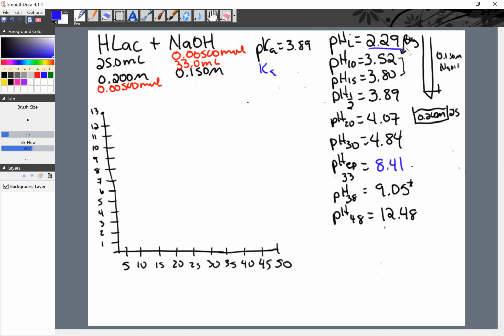My initial pH when no sodium hydroxide was added was 2.29. At 10 milliliters, it was 3.52. Okay, now notice there's an initial sharp jump. The minute you add any, you're going to have that first sharp jump because it wasn't buffered to start with. And then 3.80.